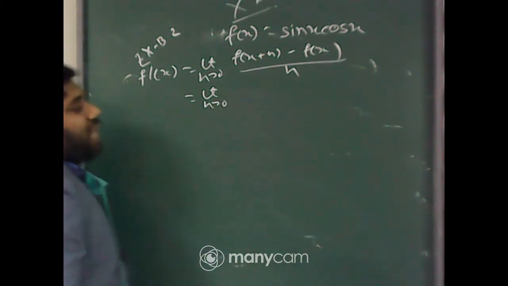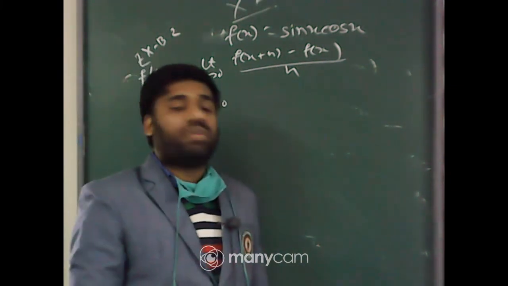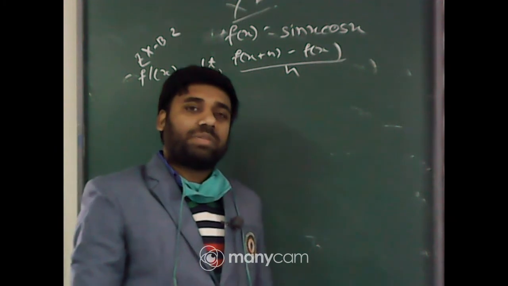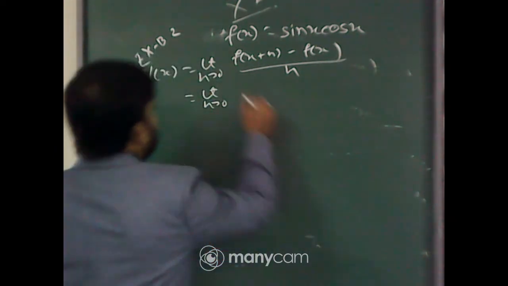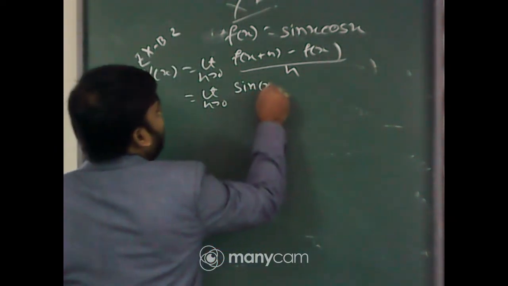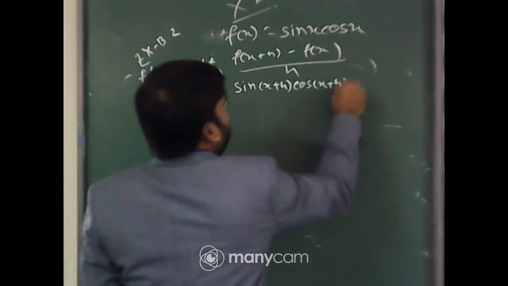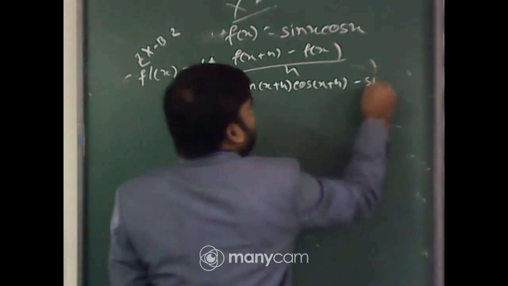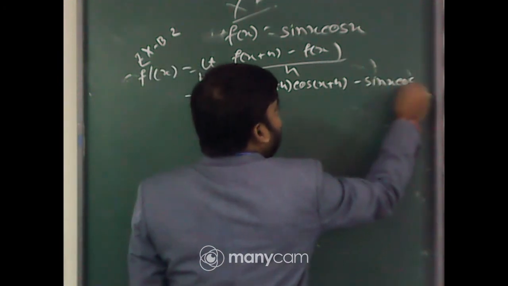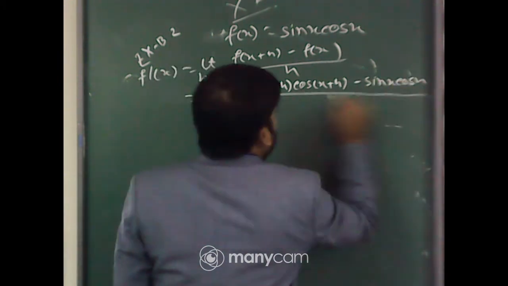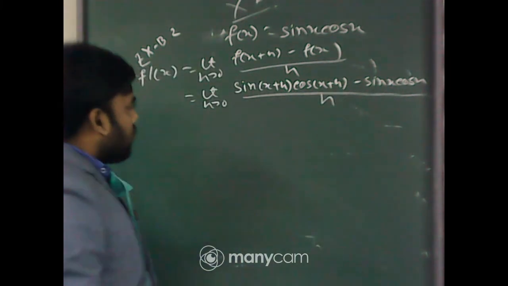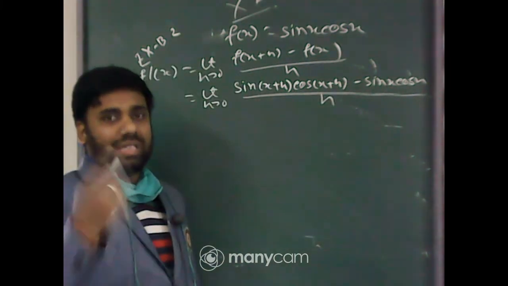If f(x) equals sin x cos x, then f(x+h) would be sin(x+h) cos(x+h). So here sin(x+h) cos(x+h) minus sin x cos x by h. Now multiply both numerator and denominator by 2.